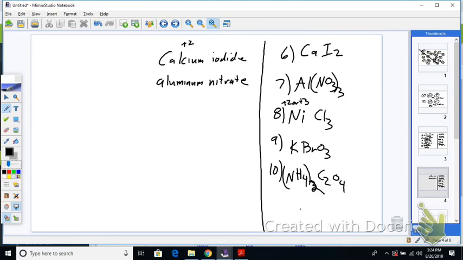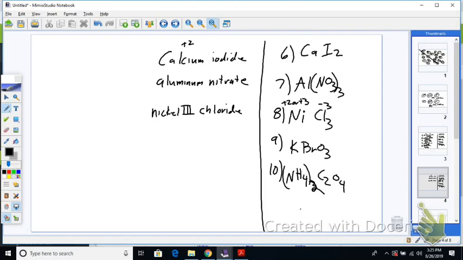So we have to look at the charge of chlorine, and its overall charge is a -3. So what's the charge of nickel? +3, right? So that's why we have to say that's nickel(III) chloride, because we have to explain what charge ion it is.